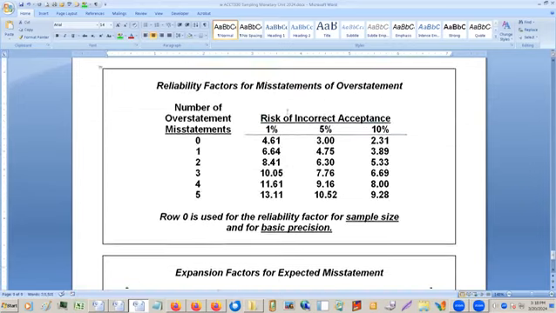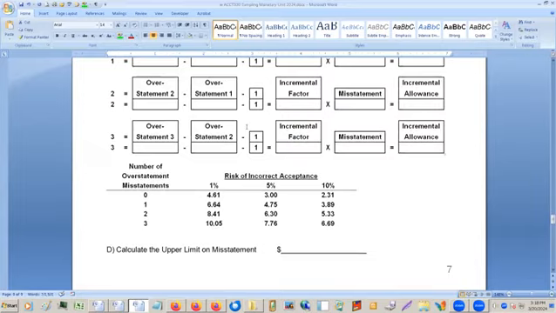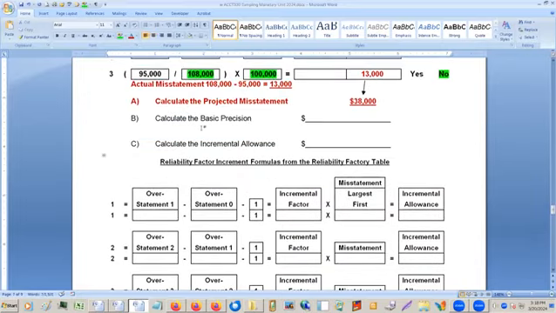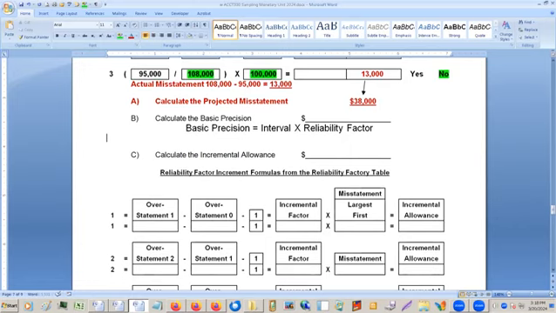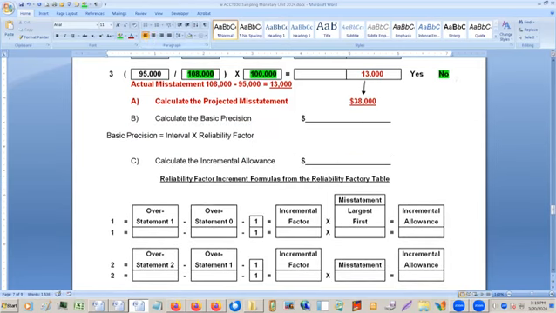Basic precision equals our interval times reliability factor.